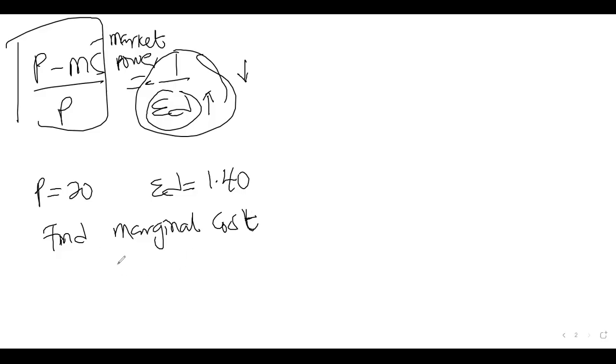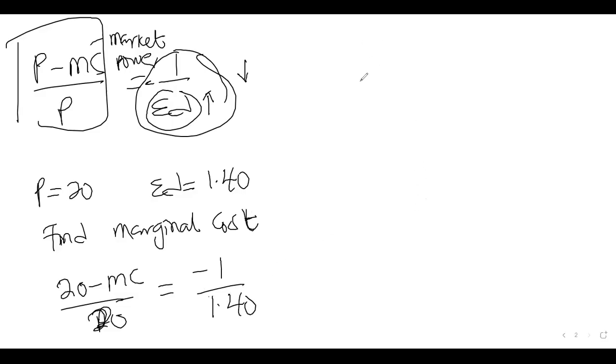So here, if I want to find the marginal cost, it will simply be price minus marginal cost over price, which is 20, equal to -1 over the elasticity of demand, that is 1.40. Okay.